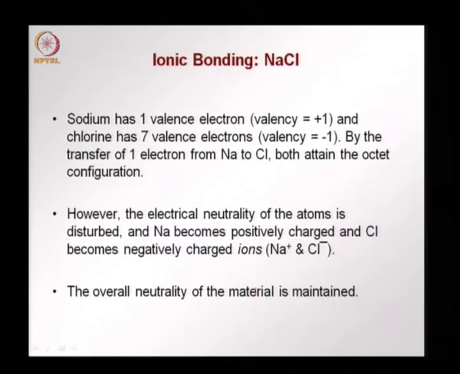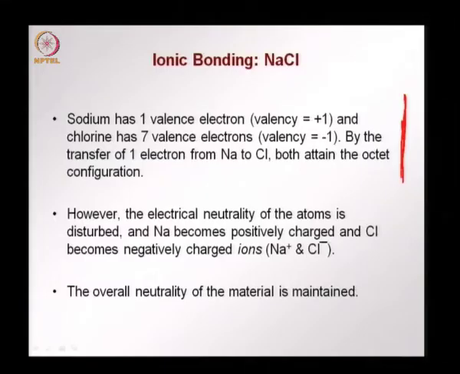So, to summarize, sodium has one valence electron, that means it has a valency of +1. Chlorine has 7 valence electrons, a valency of -1, that is it needs 1 electron to reach the octet configuration. So, by transferring 1 electron from sodium to chlorine, both get the octet configuration.